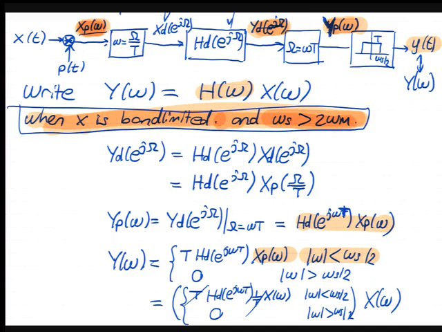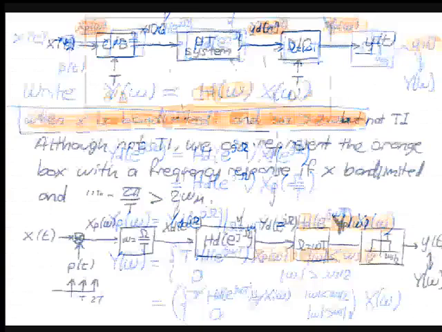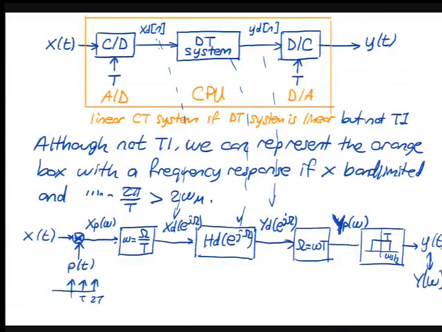So that tells us, going back to this figure, that there is an effective frequency response, although it's not a frequency response in the strict sense. There is an effective frequency response H of omega, which is Hd of e to the j omega T when omega is less than omega s over 2, and 0 when omega is bigger than omega s over 2.